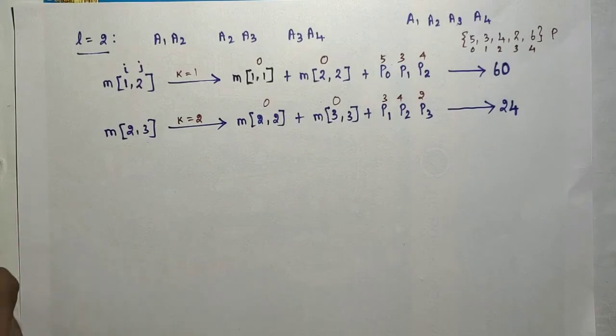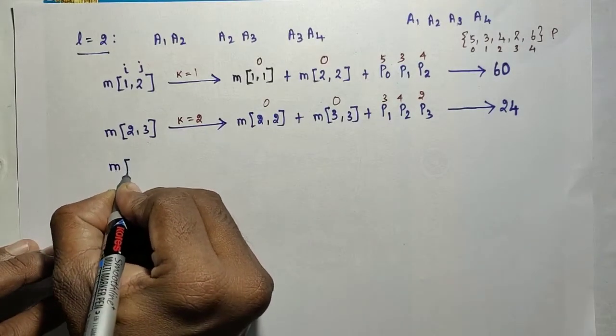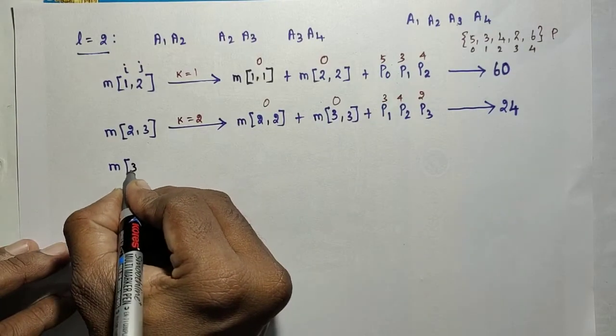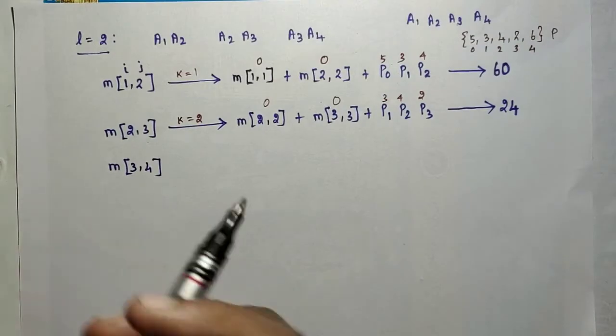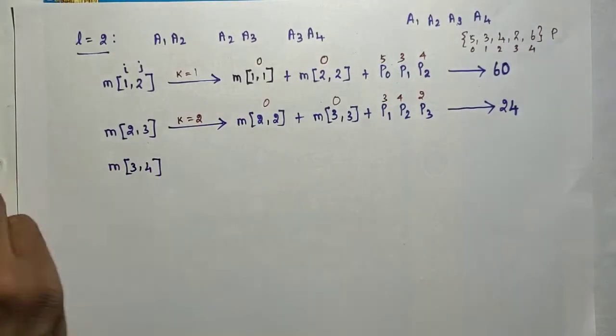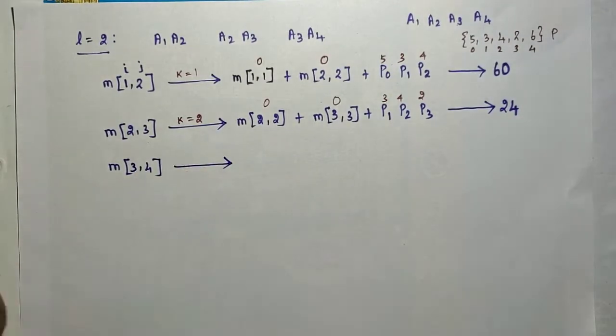The next, third one, that is m of 3 comma 4, A3 A4. So what is the possibility? There is only one possibility, k equal to 3.